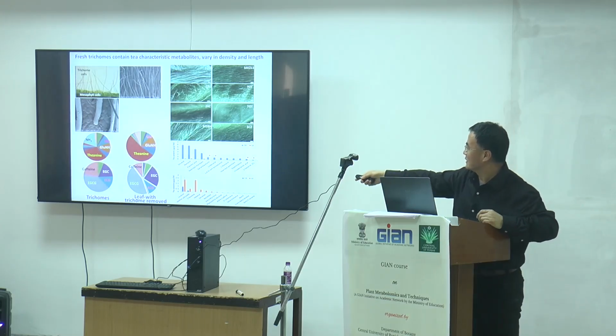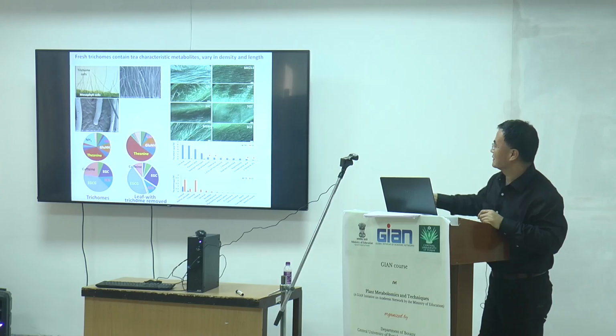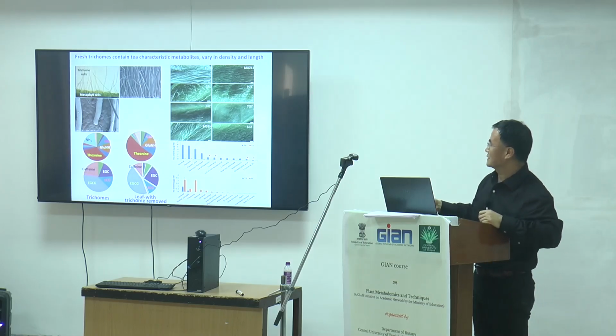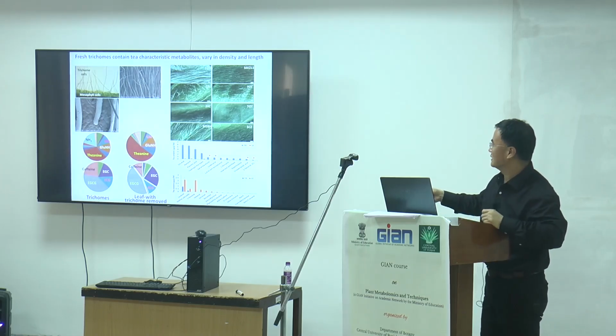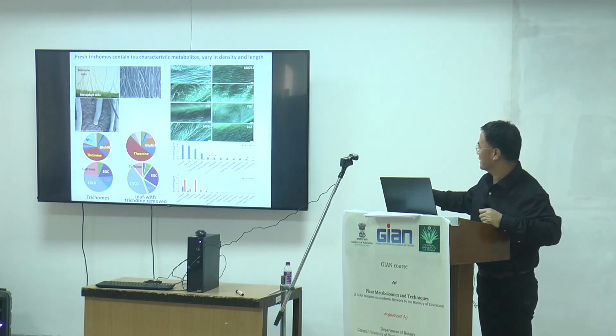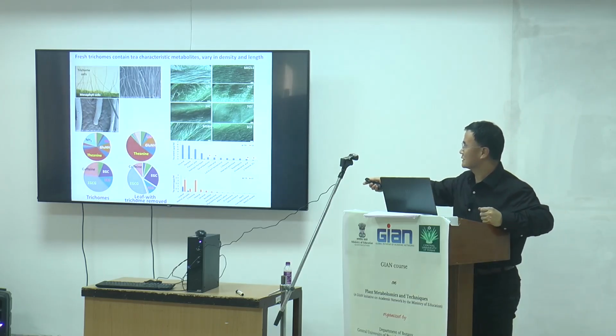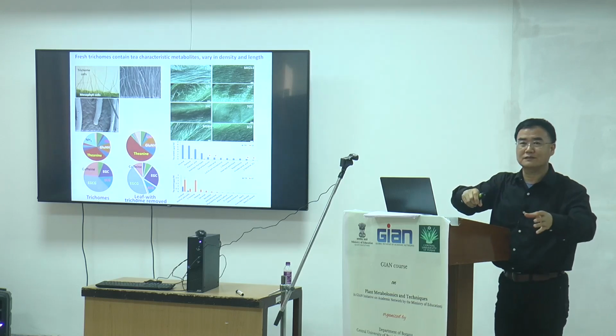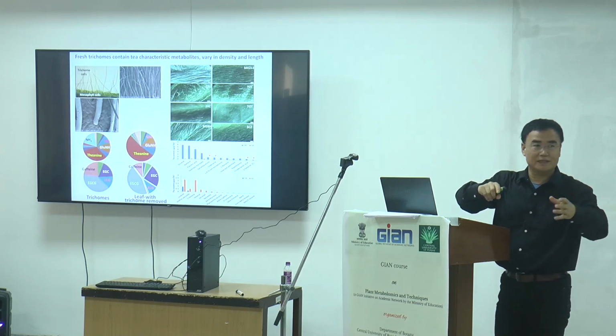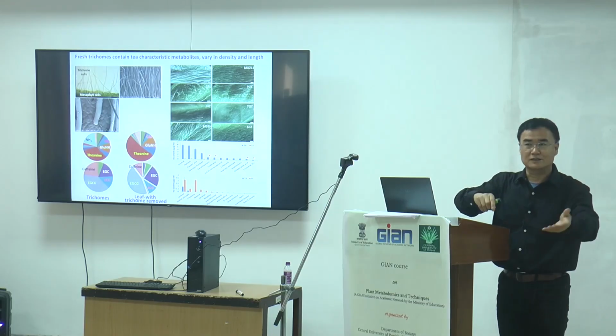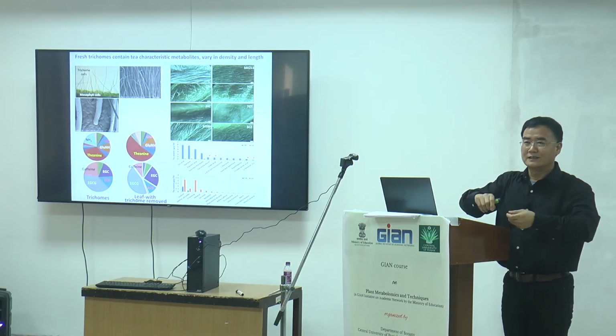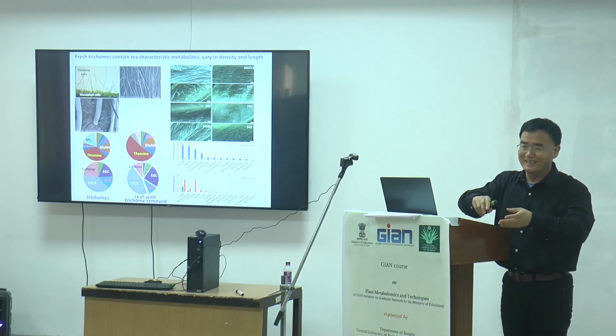They have all of the major metabolites characteristic of the tea plant, and volatiles, in the fresh trichome. So how do we isolate the fresh trichome? If you study your plant and want to isolate the trichome, how do you do that? I'll tell you a tip.